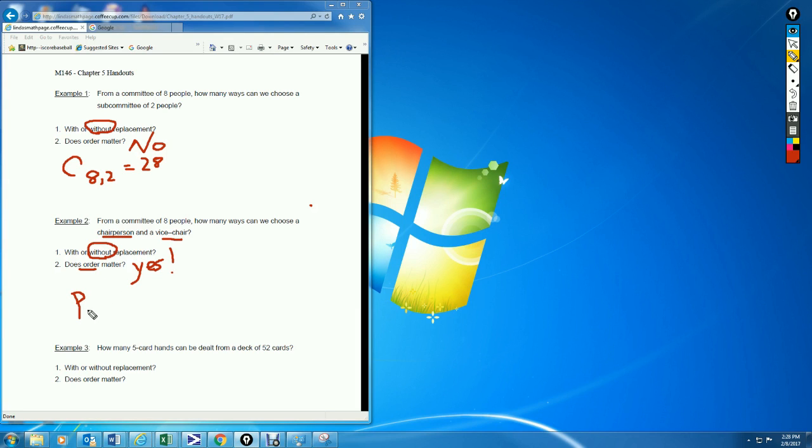The total number of objects, in this case people, is 8, and we are choosing 2 of them. Pause if you want to try it on your calculator, but you should find that it is equal to 56.